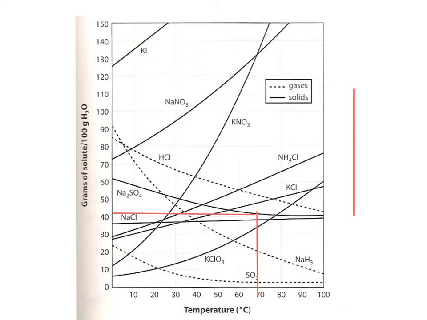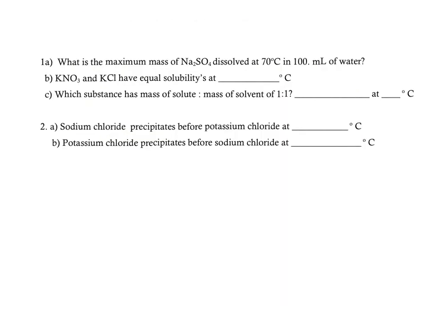Okay, so when you bring the lines over, you go up 70 degrees and you go over to the left, and you can dissolve about 42 grams.